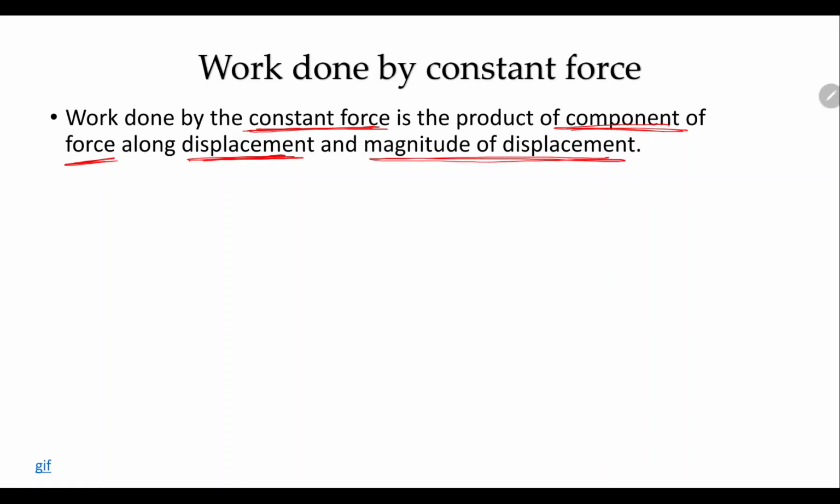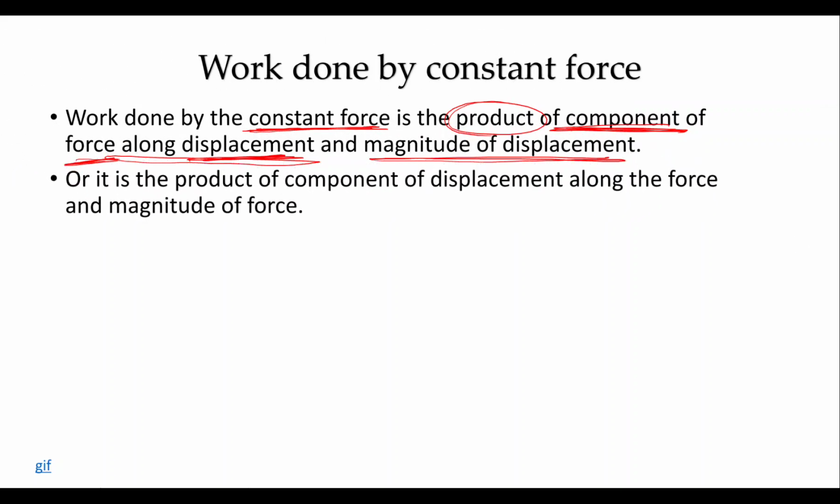We have to multiply, which means it is the product of the component of force along displacement and the magnitude of displacement, or you can take the product of the component of displacement along the force and the magnitude of force. So let me take a situation where we have applied a force on an object in this particular direction.